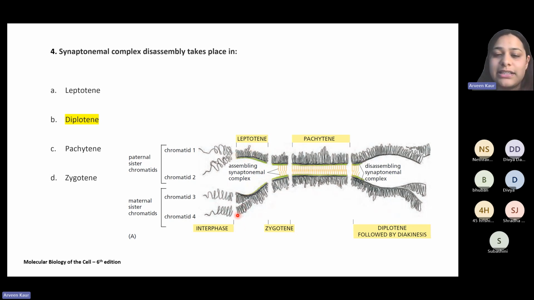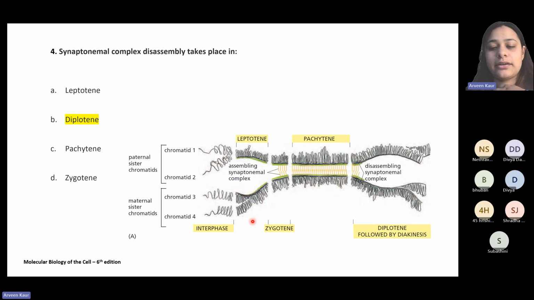Over here we can still see that some portions of chromatids 3 and 4 are dissociated, so we can still make out, but as we progress through leptotene, that will be harder to make out, right? And that is what occurs majorly in this first phase of prophase 1, that is leptotene.